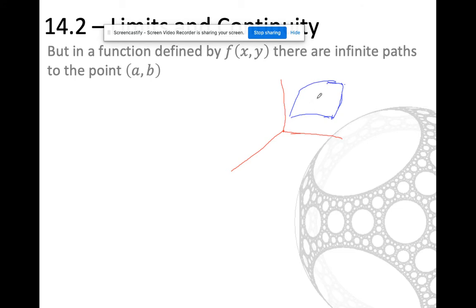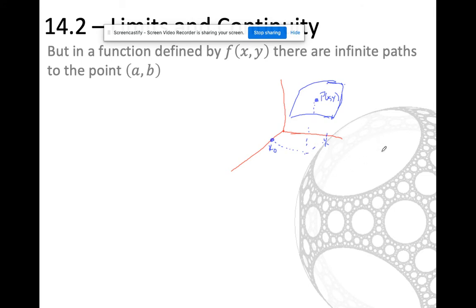Here's my surface, and I have some point here that came from a certain x and a certain y that you plugged into the function, and it took you up to this surface, right?